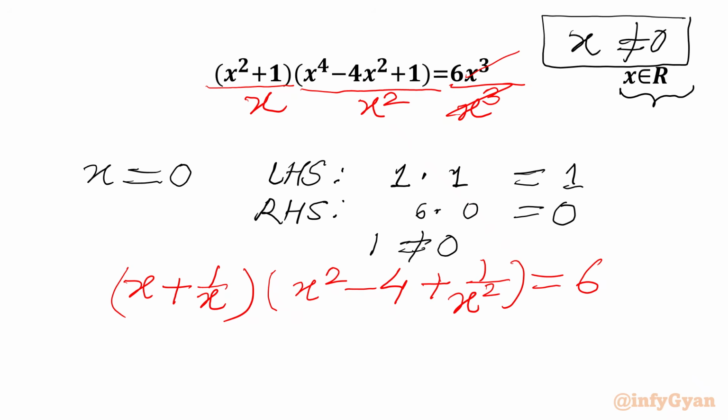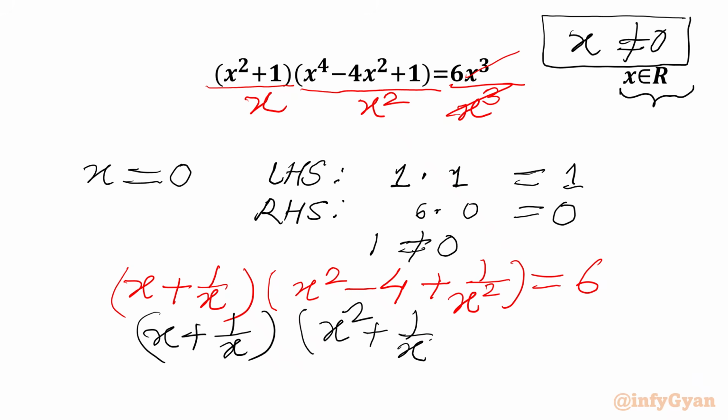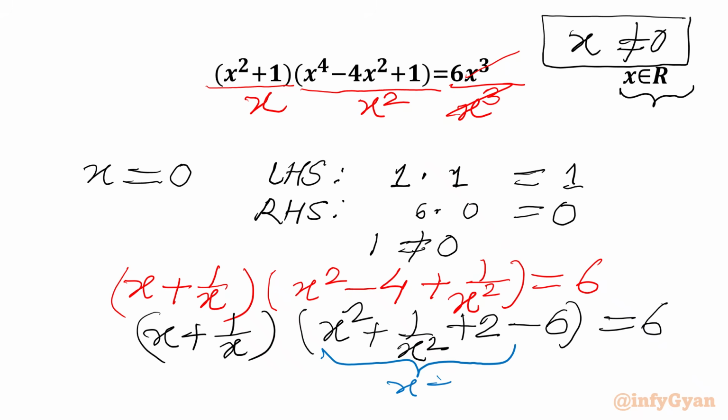This will be written as x plus 1 over x times x square plus 1 over x square minus 4, which can be written as x square plus 1 over x square plus 2 minus 6, equal to 6. Now we know that x square plus 1 over x square plus 2 is x plus 1 over x whole square.